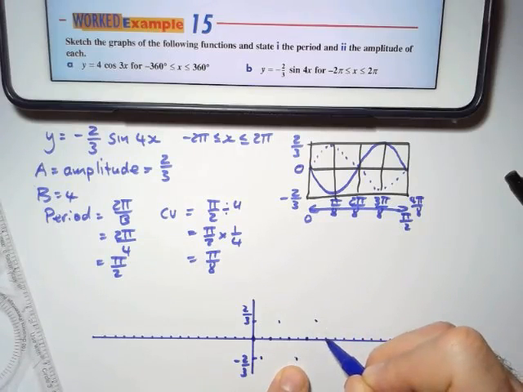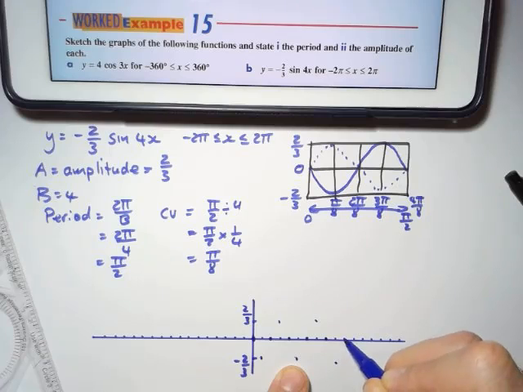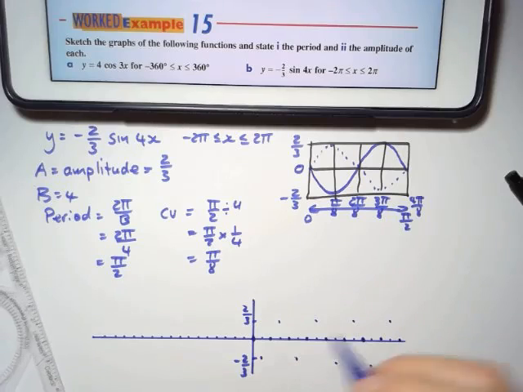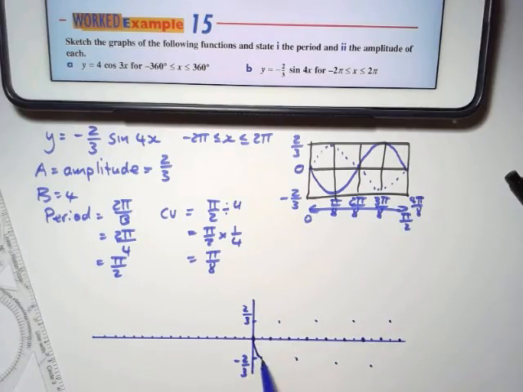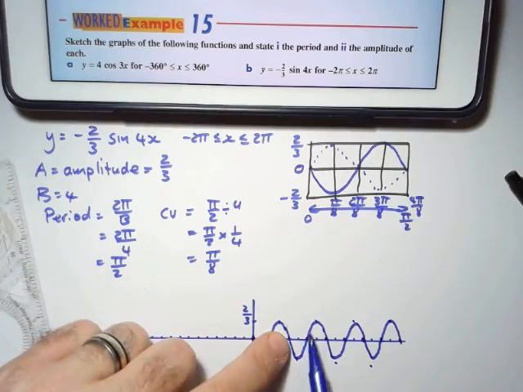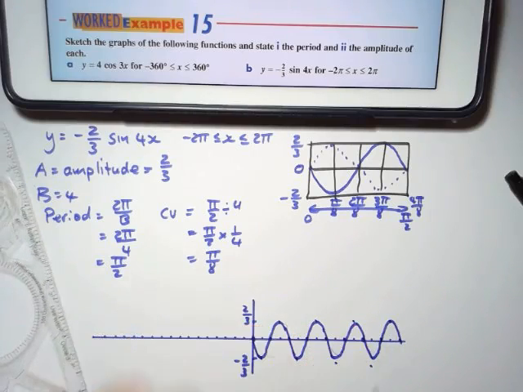Intercept, turn, intercept, turn, intercept, turn, intercept, turn, intercept. So that's one graph, two graphs, three graphs, four graphs.